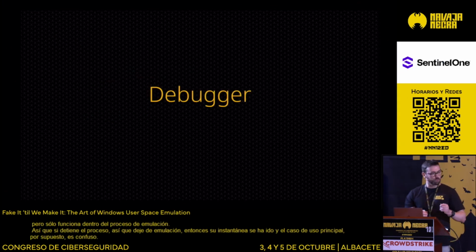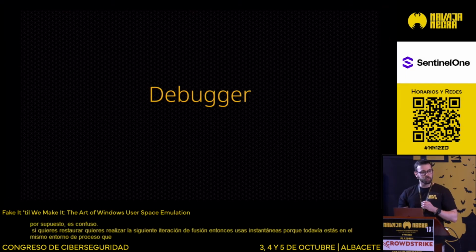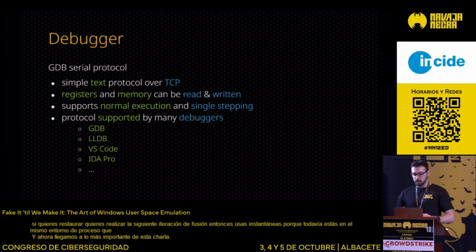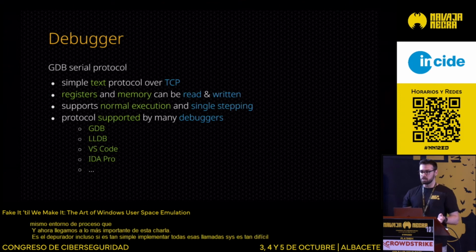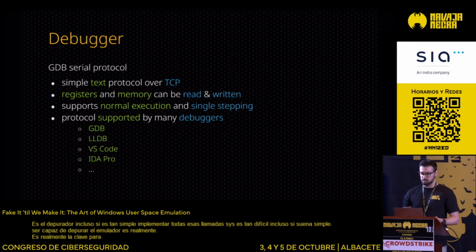And now we come to pretty much the most important thing of this talk. It's the debugger. Even if it sounds simple, being able to debug the emulator is really the key for the analysis. And I chose to implement the GDB serial protocol. It's a simple text protocol over TCP.